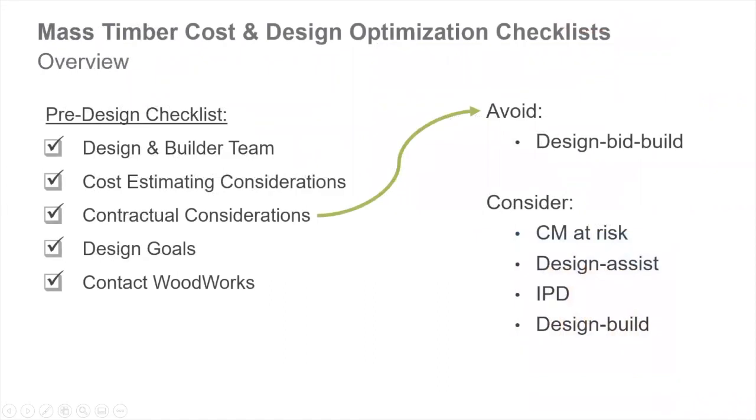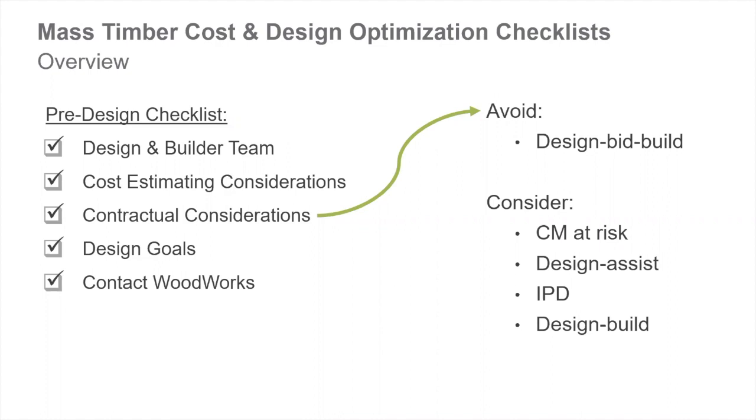So the pre-design checklist, this portion covers topics such as the design and the builder team. One of the most important things to point out here is that mass timber is prefabricated, and to achieve the benefits of a prefabricated system, the builders need to be brought in during these early design phases. The contractual considerations should also be discussed early as well.